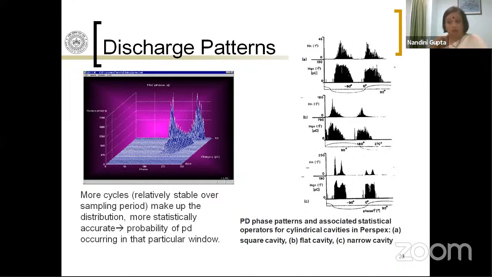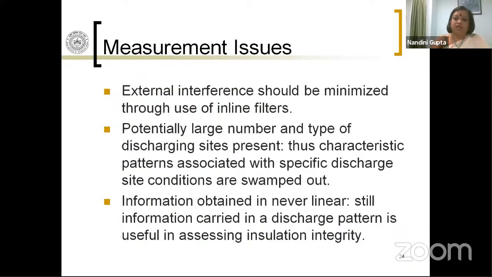But if that does not happen, you can build up such patterns. What you would really do is build up a database of such signatures, and based on that database, you hope to be able to detect the PD and decide what course of action to be taken.